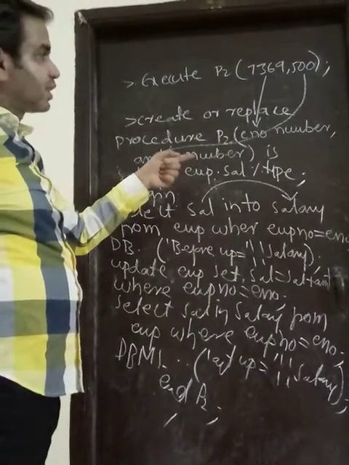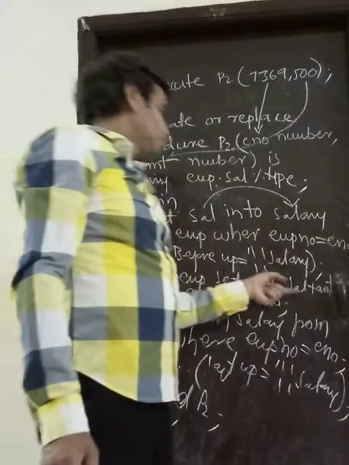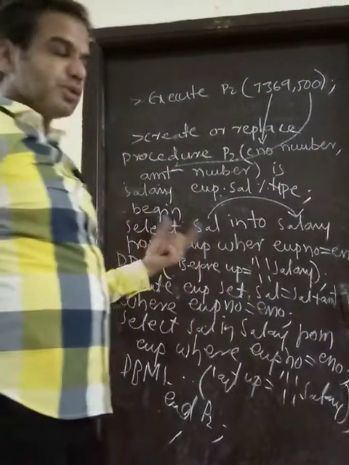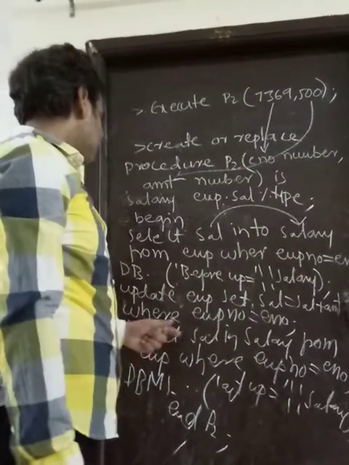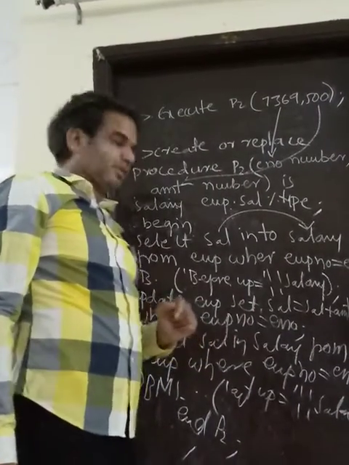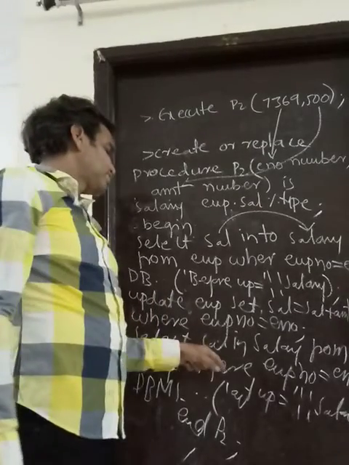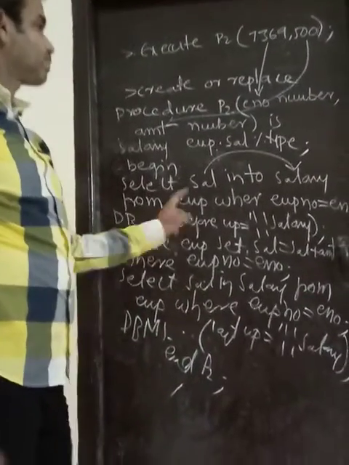Whatever we are passing with the execute command, that is with the passing argument, that amount will be added to existing salary, that will be stored in salary, where employee number equal to E number. Select sal into salary from EMP, where employee number equal to E number. So this is after updation display purpose, then displaying after updation salary in the procedure P2.